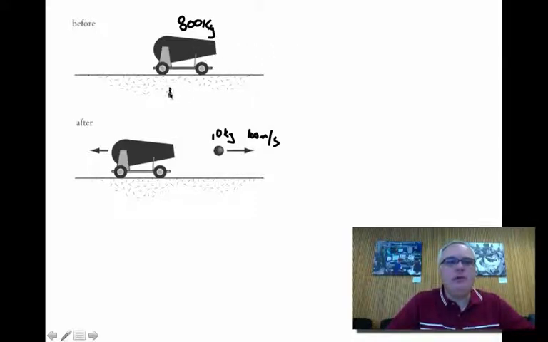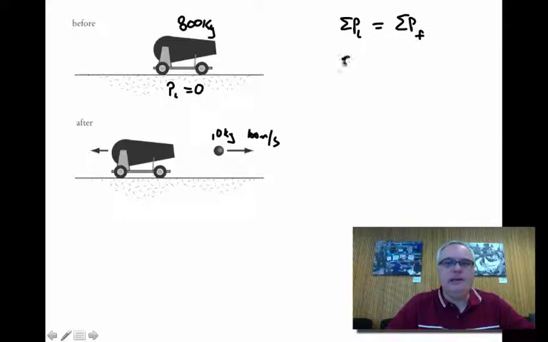The total momentum initially is 0. So the total momentum here also has to be 0, right? So again, we're looking at the initial momentum and comparing it to the final momentum. Initially, the momentum was 0.